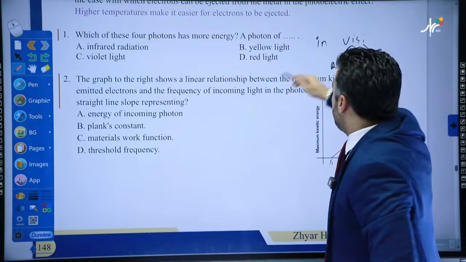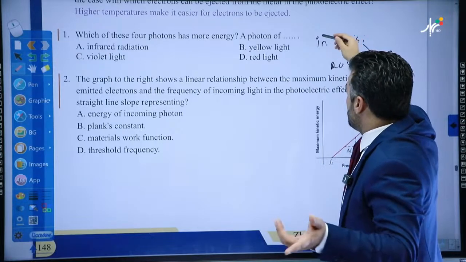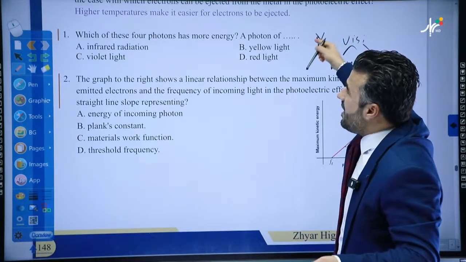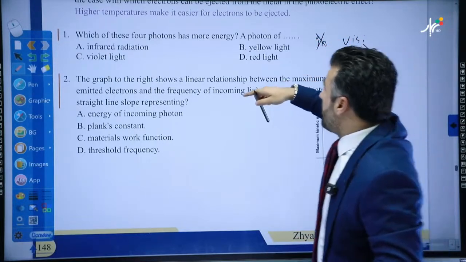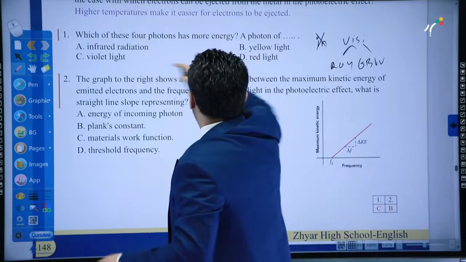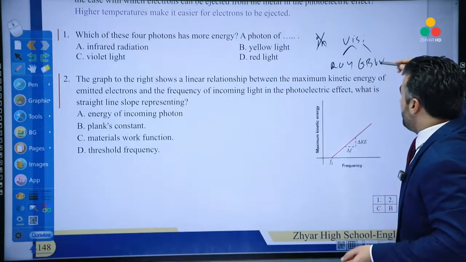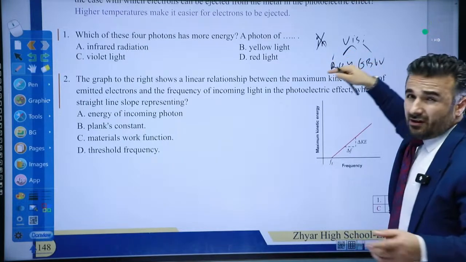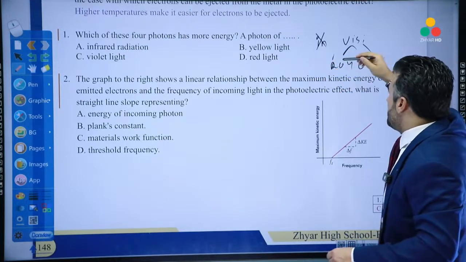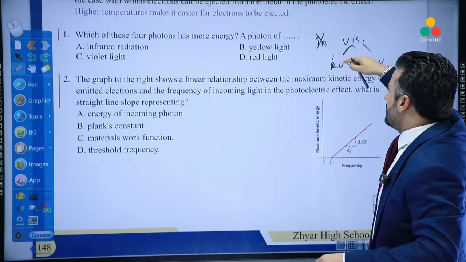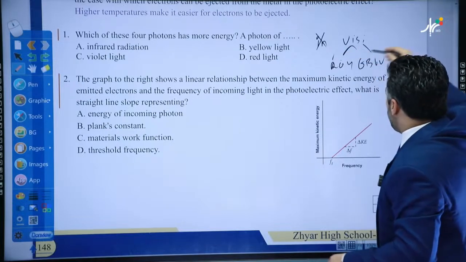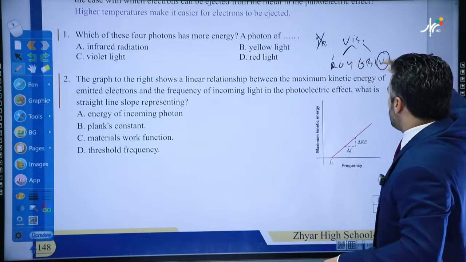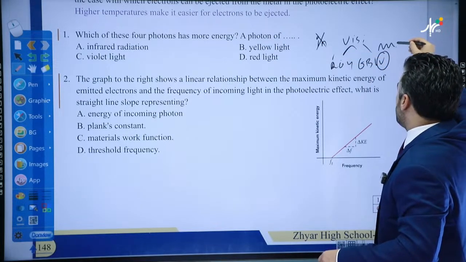So infrared is below the visible, so clearly this one will not have the highest energy. And then what are the other colors? We have yellow, violet, and red, yeah? Red, among the visible colors, would have the least energy. And then yellow comes a little bit higher than that. But we have violet here. So violet is at the other end, with the highest frequency.